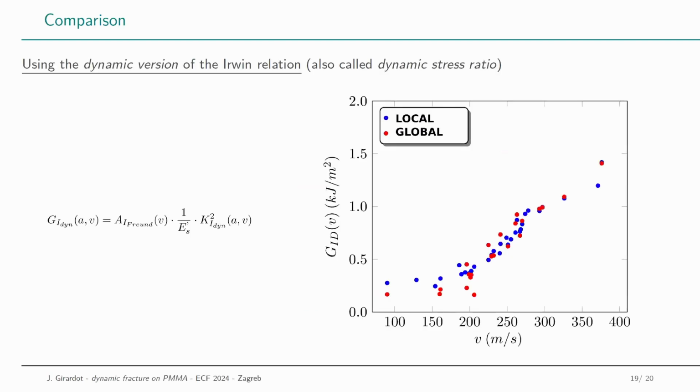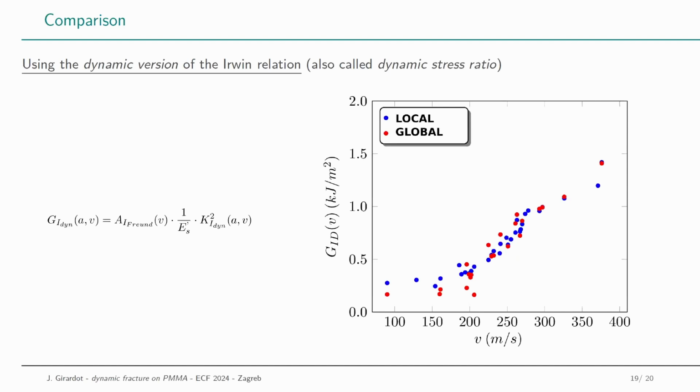And finally, we also compare these two values, local and global, by using the Irwin relation, but also with a dynamic correction. Okay, so you see the Irwin relation that we saw in the previous presentation, but adding a dynamic correction also.